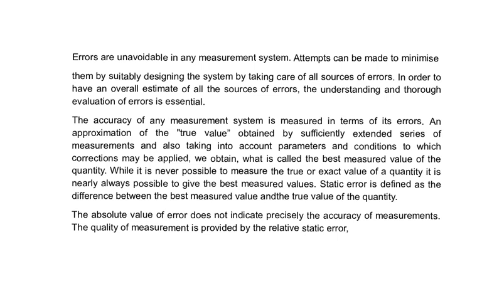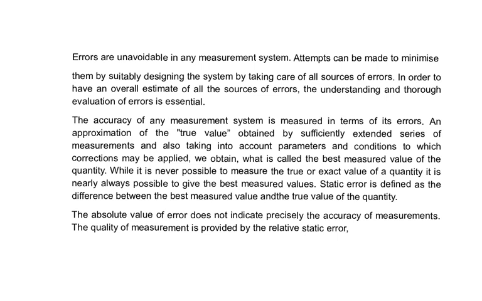So an approximation of the true value is obtained by a sufficiently extended series of measurements, also taking into account parameters and conditions to which correction may be applied, and we obtain what is called the measured value of the quantity.